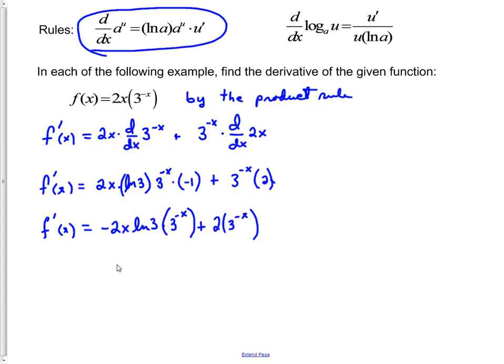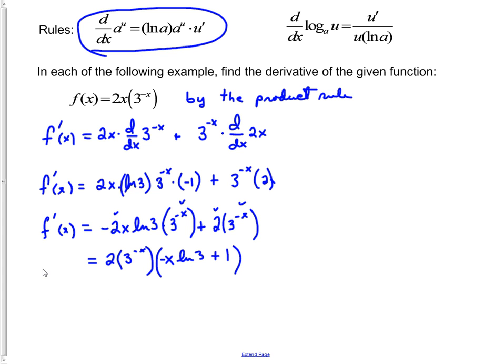If we wanted to, we could simplify this down maybe a little bit by factoring out some common factors, and the common factors right here actually look like this. 2, which you'll notice is a factor in both of these terms, and 3 to the negative x, which again is a factor in both of these terms, times, and what's left over? Well, negative x times the natural logarithm of 3 plus 1.